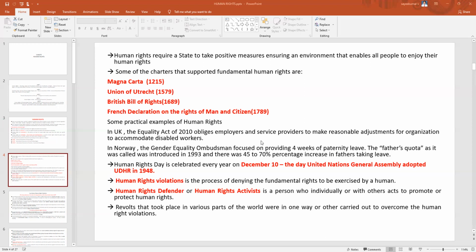There are several events that could be listed to describe how human rights violations were experienced by people of various sectors, and how authority was enforced over the people, causing human rights violations.